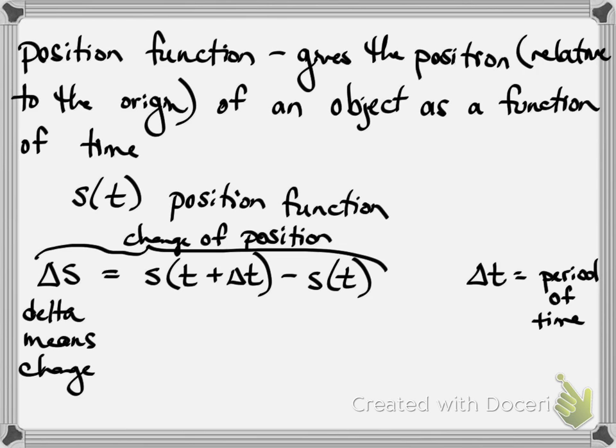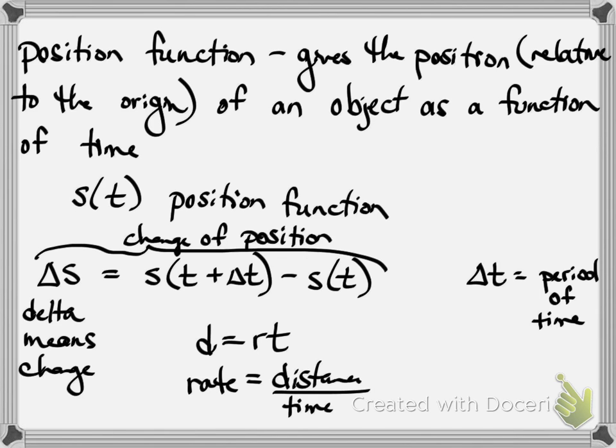Then they're saying we can use that distance equals rate times time formula, that DIRT formula. Instead of this way, though, they want to solve it for rate. So rate would be distance over time. And average velocity, which is a rate, is the change in distance over the change in time.